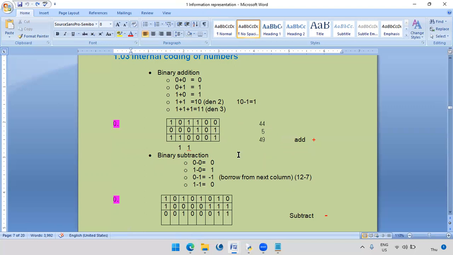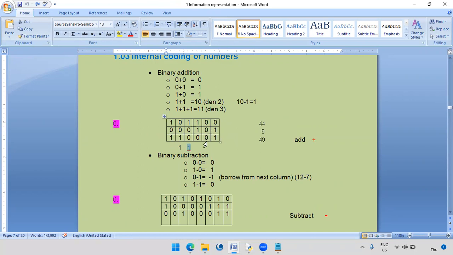Right. And how do we do it? Now I'm showing it. 0 plus 1 is 1. 0 plus 0 is 0. 1 plus 1 is, remember, 1, 0. So you put 0 here and carry 1. That 1 is written here.